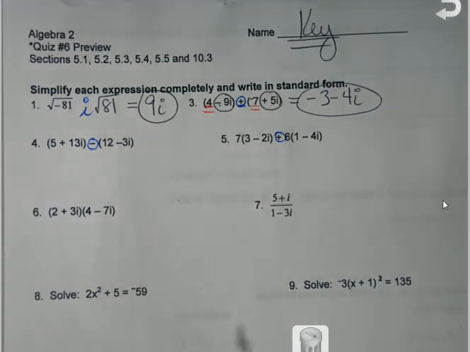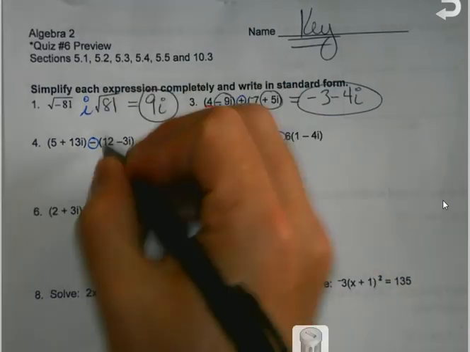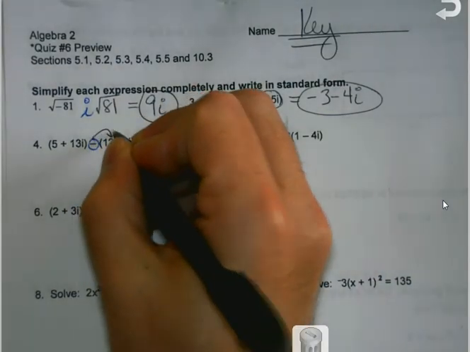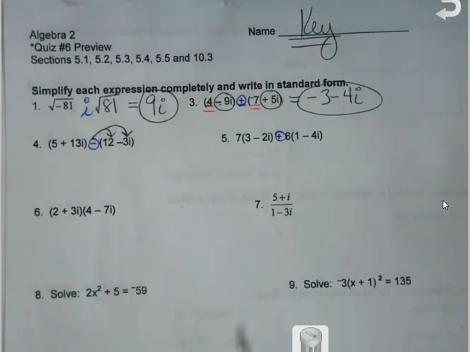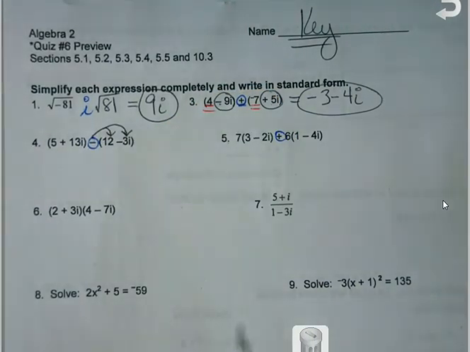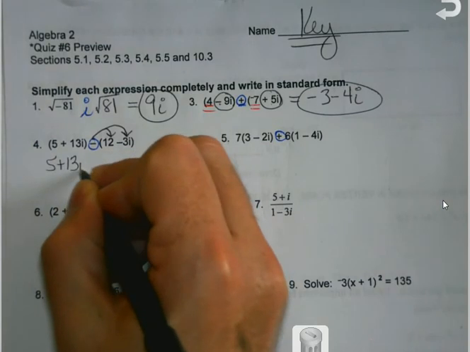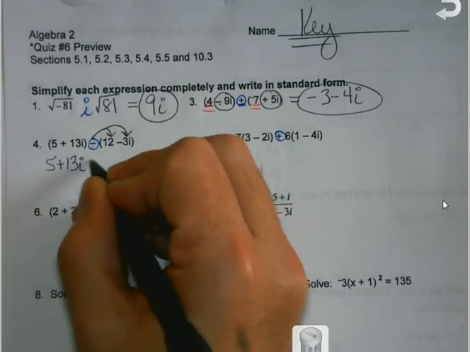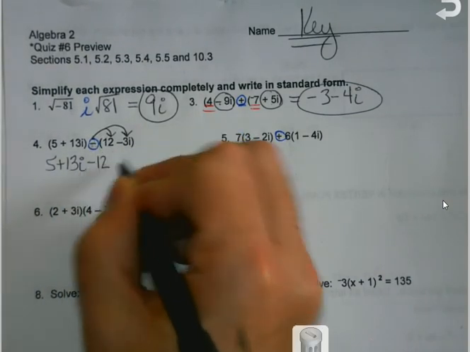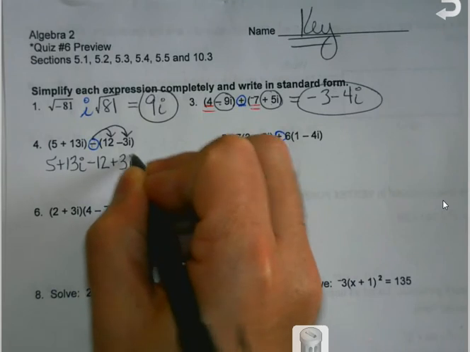To me, the only thing that could possibly get us somewhere here in 3 through 5 is this guy, because people forget that minus goes all the way through and not just to the 12. So it changes the signs on my 12 and on that negative 3i.